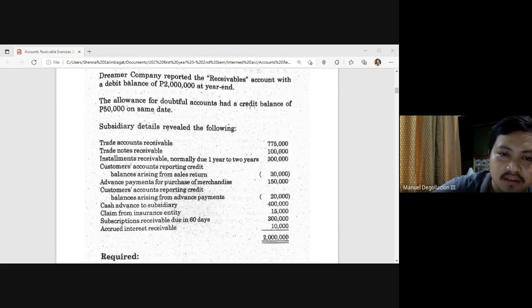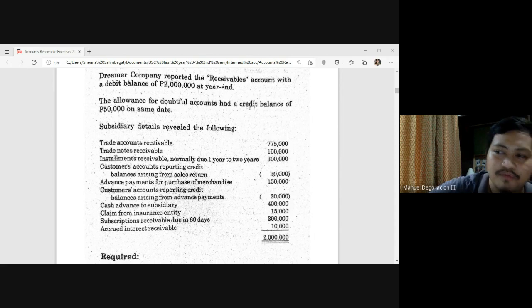And again, the subscriptions receivable would be very unique. The treatment is to record them or recognize them as a current asset if collectible within 12 months. But if they are collectible beyond 12 months, class, the rule is it would be treated as a deduction to your shareholders' equity.